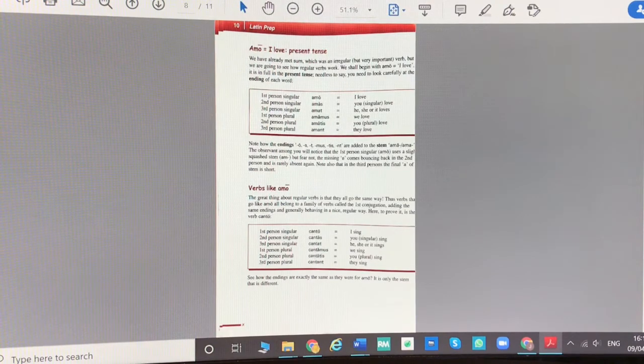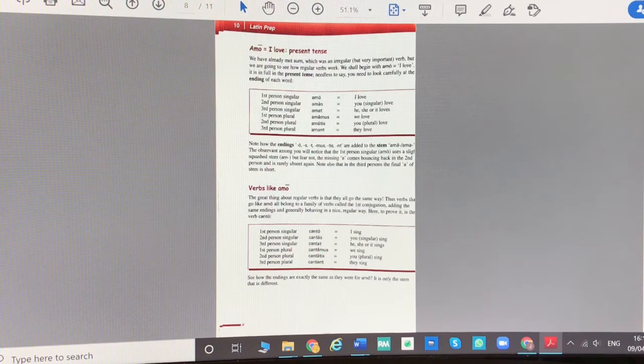So instead of amo, I love, it's canto, I sing. But once you know amo, amas, amat, amamus, amatis, amant, I love, you love, he, she, it loves, we love, you love, they love, then of course you know canto, cantas, cantat, cantamus, cantatis, cantant. I sing, you sing, he, she, it sings, we sing, you sing, they sing. And then of course you'll know all the verbs in the following exercise.